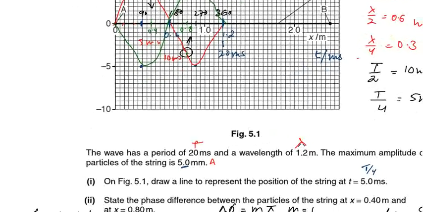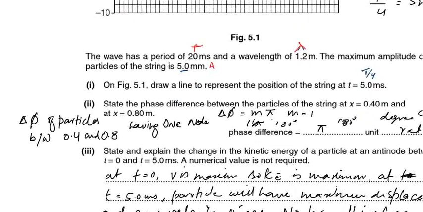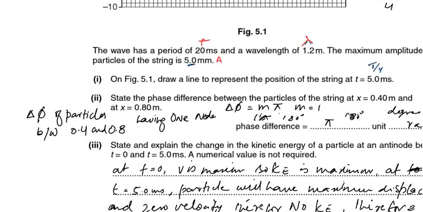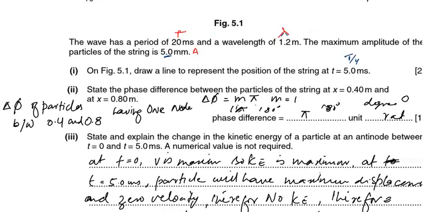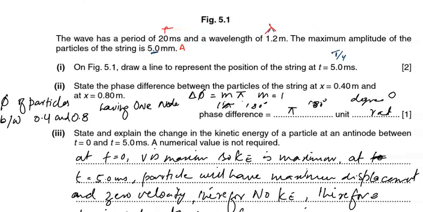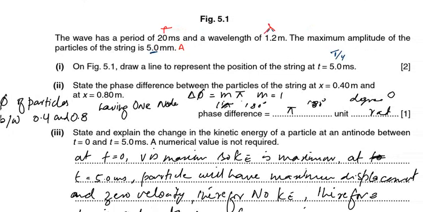So that means the phase difference will be out of phase, and if we check with the phase difference formula, the number of the nodes between them, m, is 1. So it is either 180 degree or pi radian.